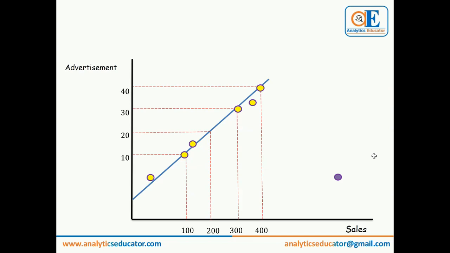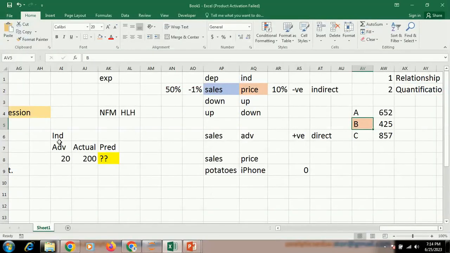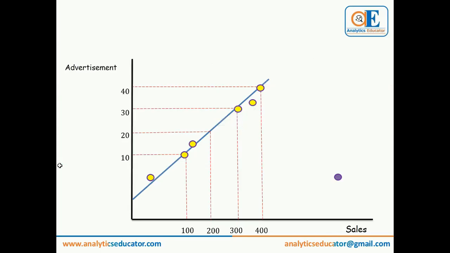Okay, now in order to solve this, do you still remember what was our business question? How much will be my sales when my advertisement is 20 rupees? Right, this was our business question. So once we have drawn the line, there is something called a regression equation. How are we going to figure out how much my sales will be?